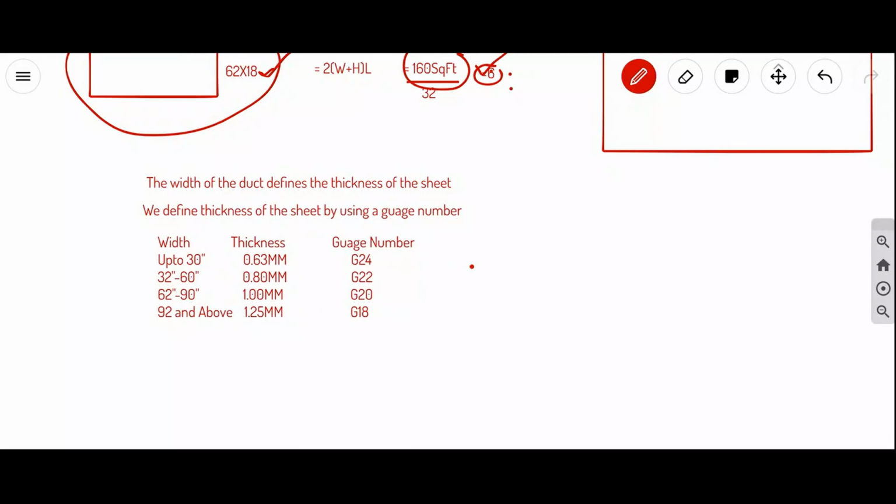Is it clear? This is how we define thickness of the sheet. When the thickness of the sheet changes, the cost of the project also changes, right?